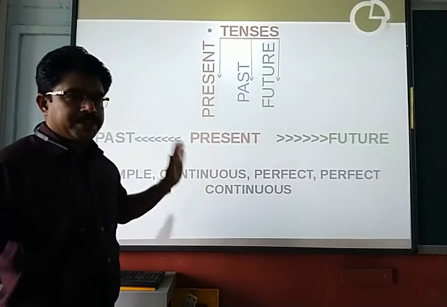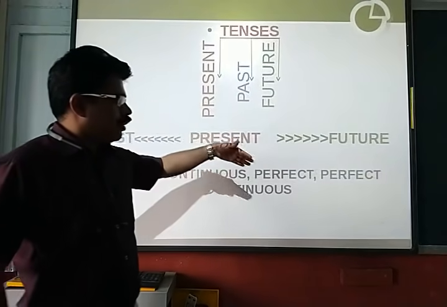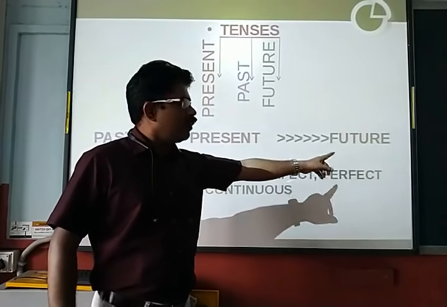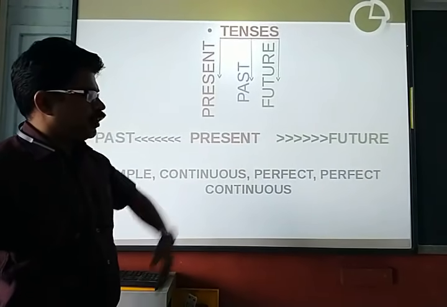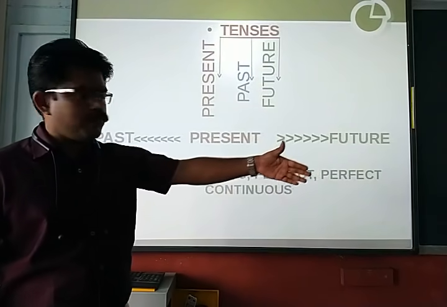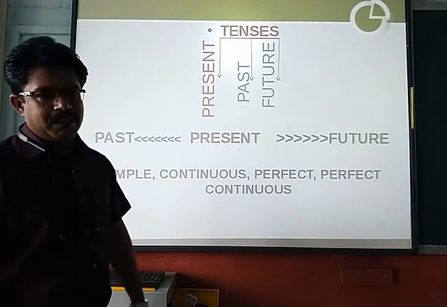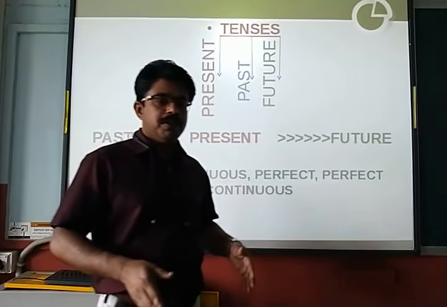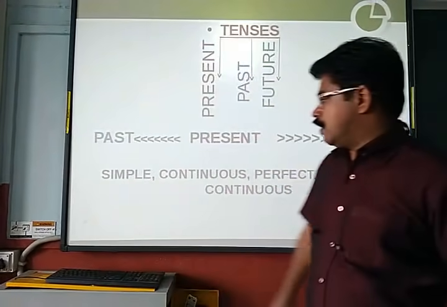Now we are in the present. If we move ahead, we have the future tense. That is ahead of us, and we have no surety. Future is what we think or assume is going to take place.